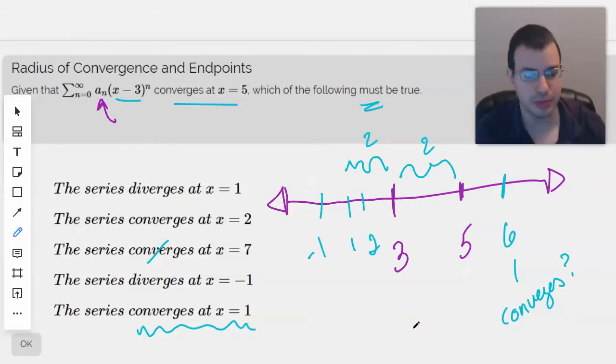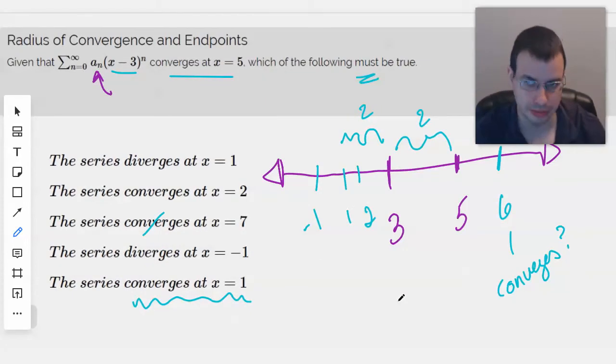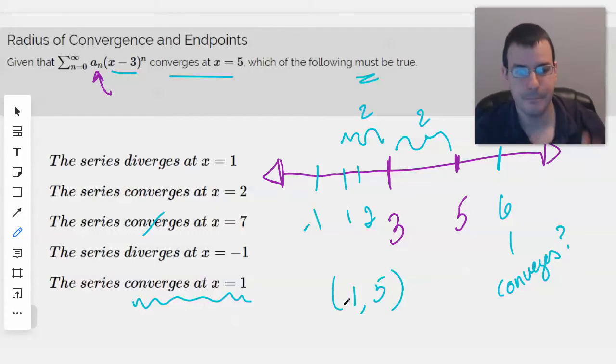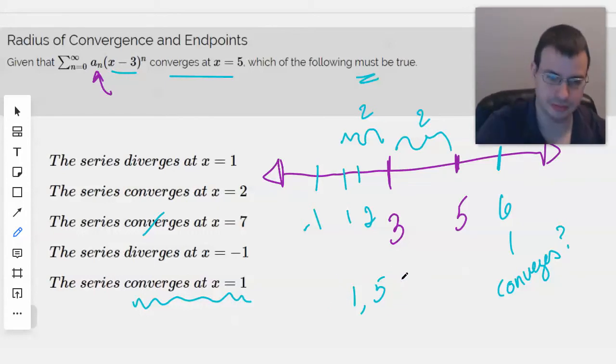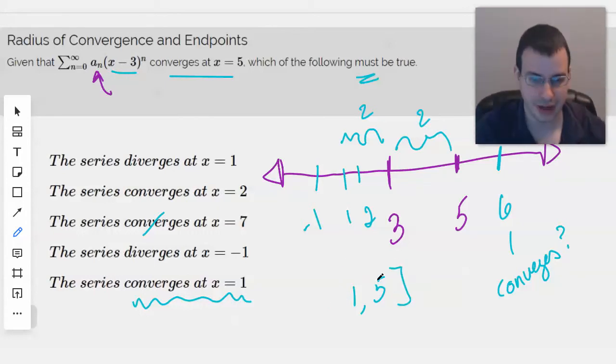And so we can pretty much assume that it converges from 1 to 5. Well, we know that it converges at 5, and so it's also going to converge at 1 because of the radius of convergence of 2. But we don't know if it's actually going to converge at 1. 1 may or may not be included.